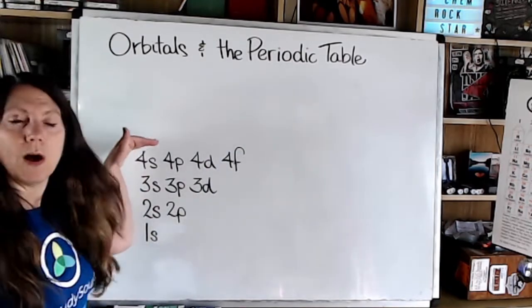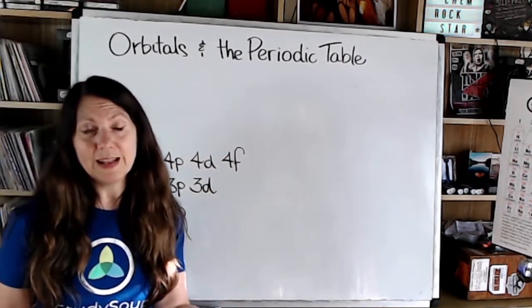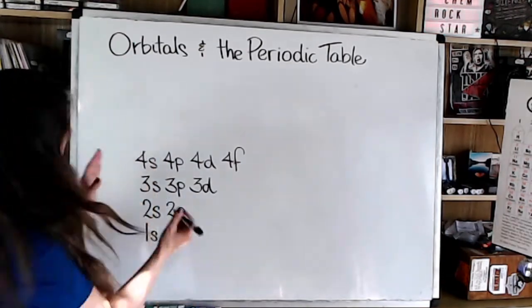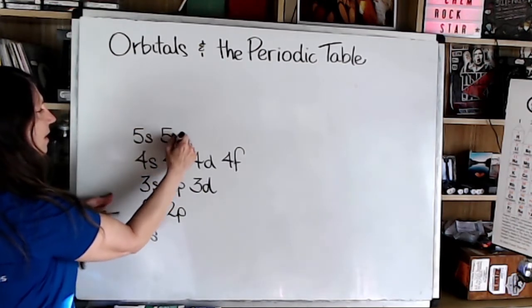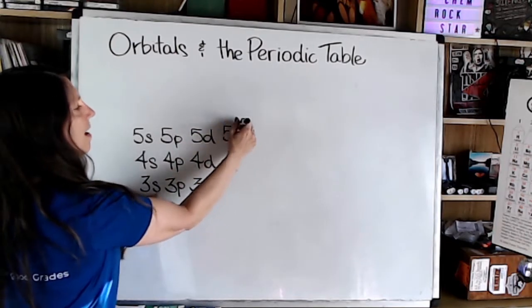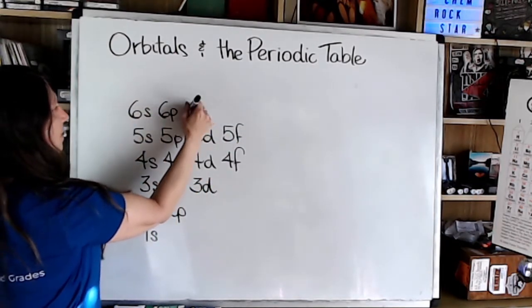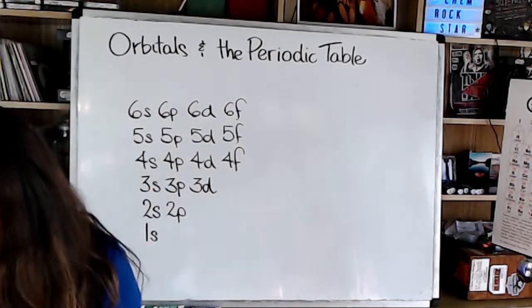And if we continue on from here, we're just going to stop at f orbitals, again, because g orbitals are not seen in practice. Okay? So 4s. Now we have 5s, so I'll fill this out: 5p, 5d, 5f, 6s, 6p, 6d, 6f. And I think I will stop there.